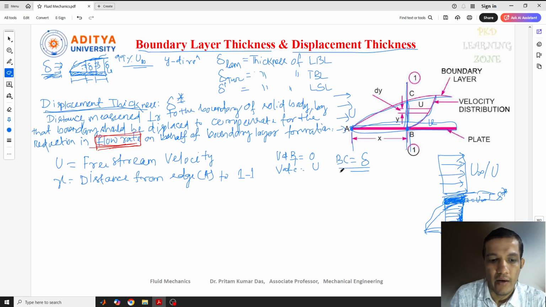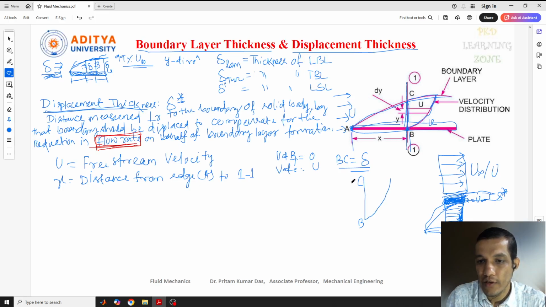Now let's consider a small elemental strip. How is the velocity distribution formed here? Suppose this is point B and this is point C, and there is a velocity distribution in this way. We know that velocity changes layer to layer, and this is du by dy.